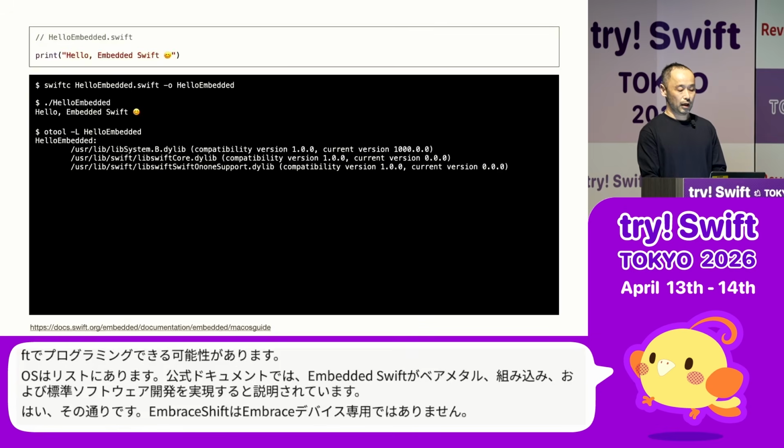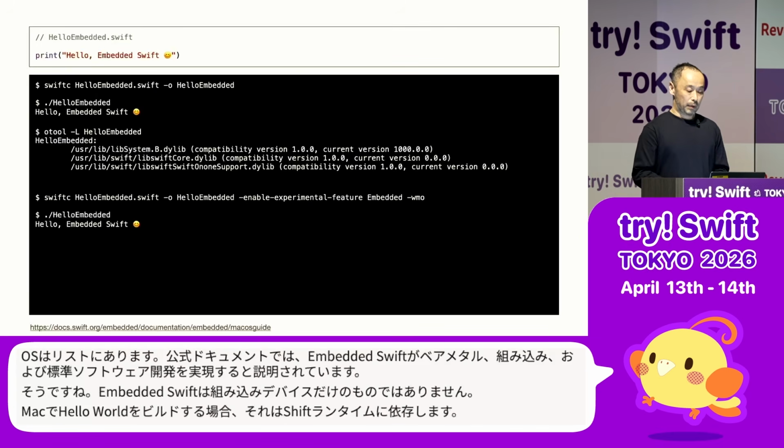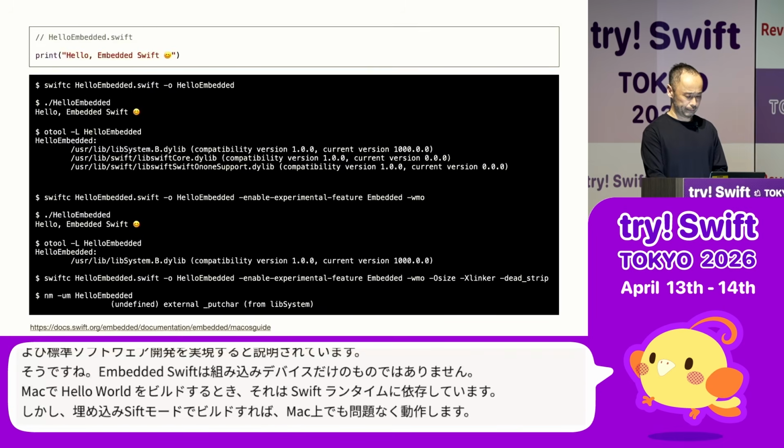When you build Hello World on your Mac, it depends on the Swift runtime. But when you build it in Embedded Swift mode, it still runs perfectly on your Mac. And the Swift runtime dependency is gone like that.